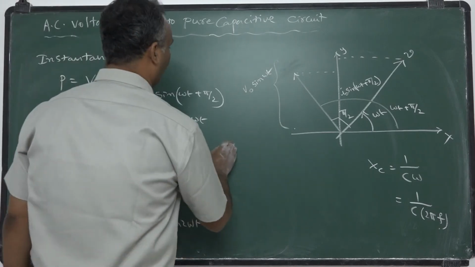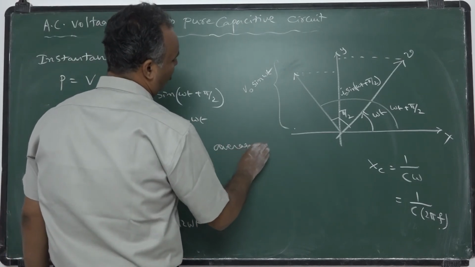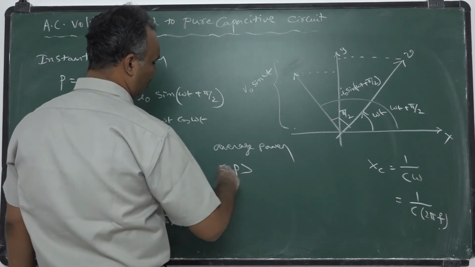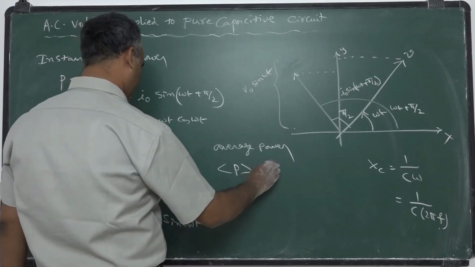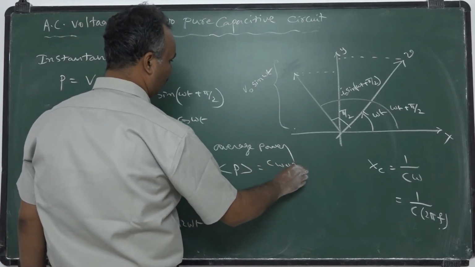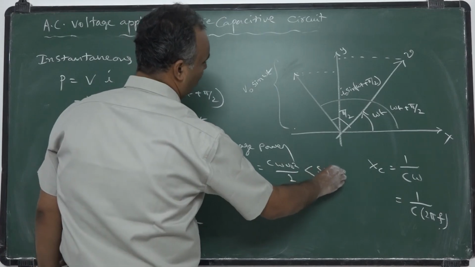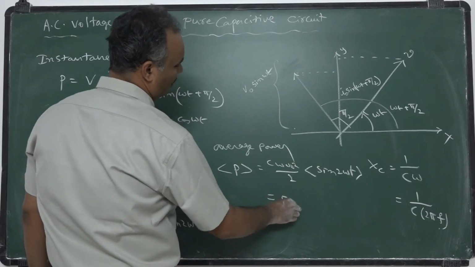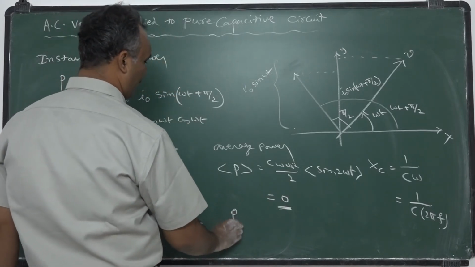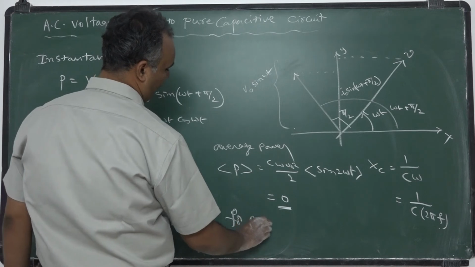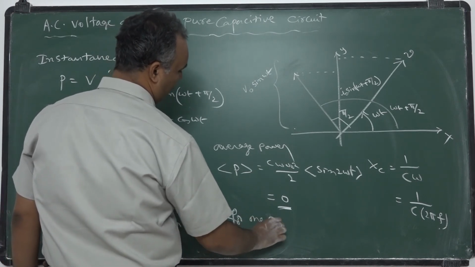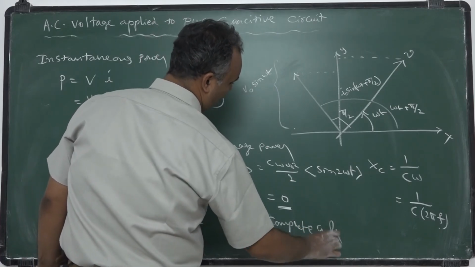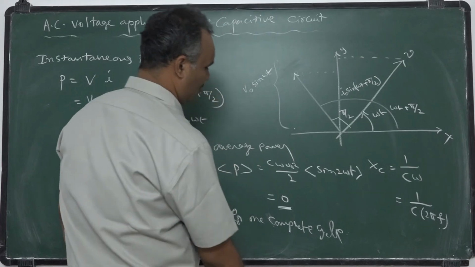If I need the average power, that means the average value of C omega V naught square by 2 sin 2 omega t. Again, the average value of sin x is 0. So the average power for one complete cycle is 0.